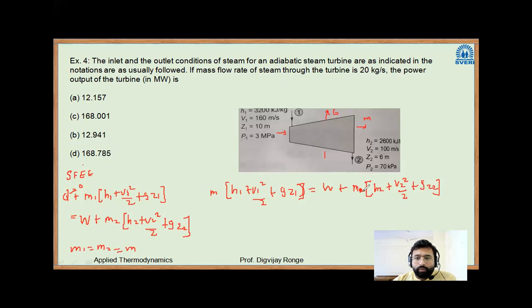Not M2, there will be simply M. Now I will put the values and let us solve it. I'll put this on the next page because it will create a problem for me.